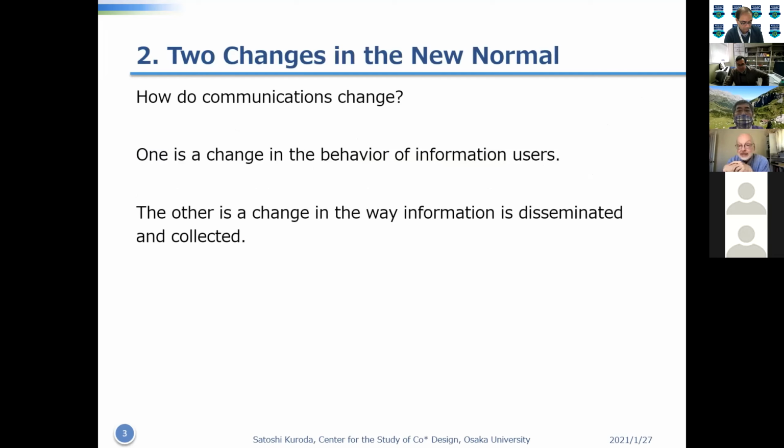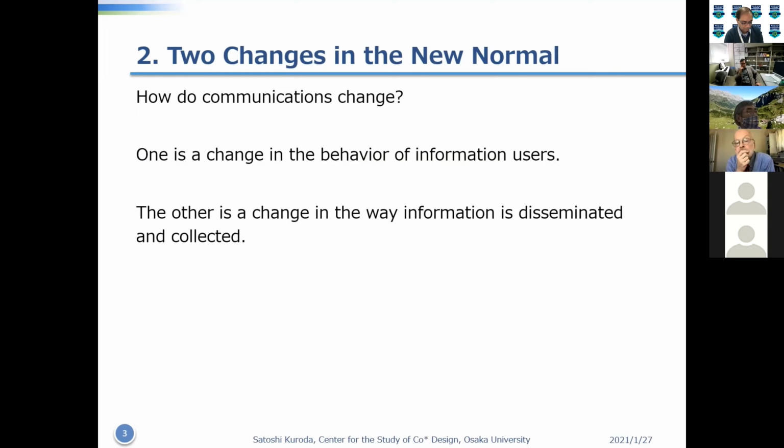The second, two changes in the new normal. How do communications change? One is a change in the behavior of information users. Opportunities for information users to come into contact with internet media are increasing, and oral communications using video calls is becoming more and more common.